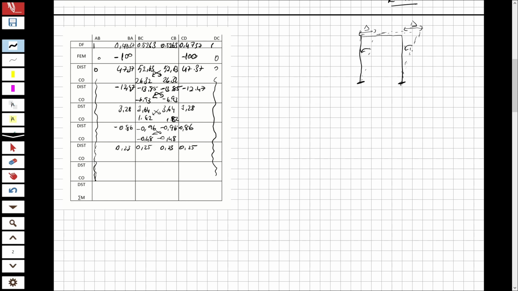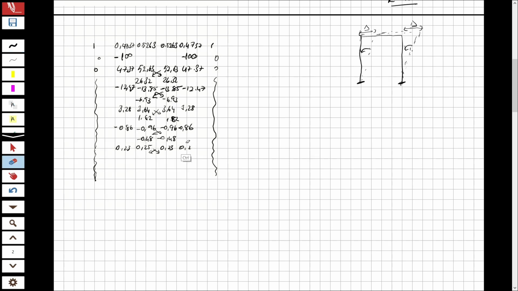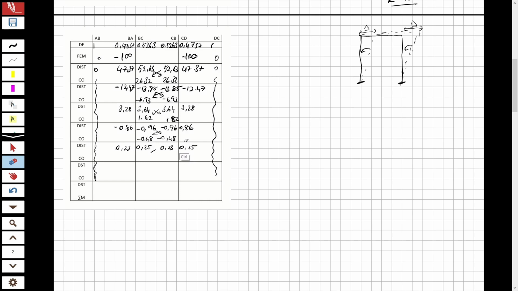and that will be carry over this both. Oh, sorry. Yeah, this will be 0.25, this is 0.23.